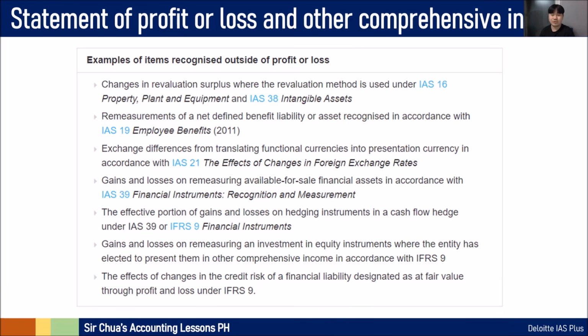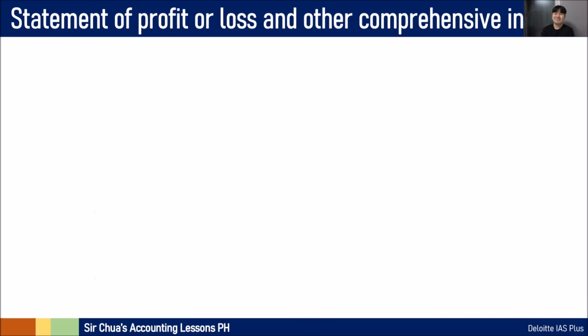Kasi hindi nyo talaga mag-gets agad yan kasi you have to go through your intermediate accounting subjects first before you can properly present a full statement of comprehensive income. This is just a starting point for you in IAS. Okay, so relax. Don't be too hard on yourself.